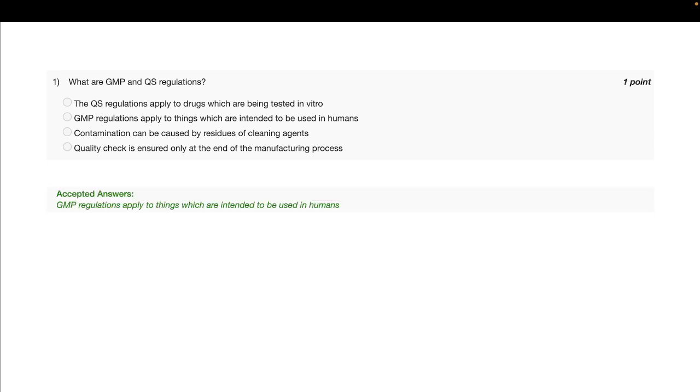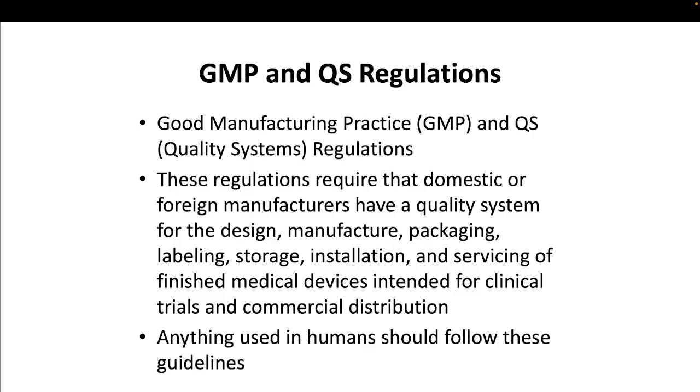GMP regulations apply to things which are intended to be used in humans. GMP is nothing but good manufacturing practice. So these are certain regulations whenever you want to get approval for something that is to be used in humans, you have to follow GMP, that is good manufacturing practice. This is nothing but the regulatory bodies which are going to give the approval. They will check whether the drug which you have made is in a completely sterile condition, is made in a clean environment, there is no contamination with the drug you have made.